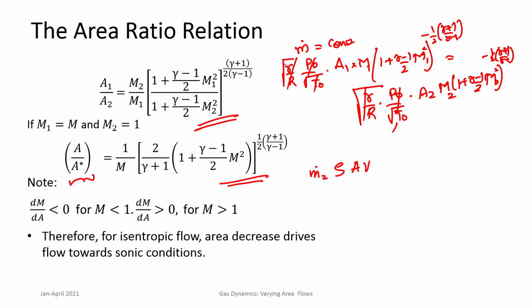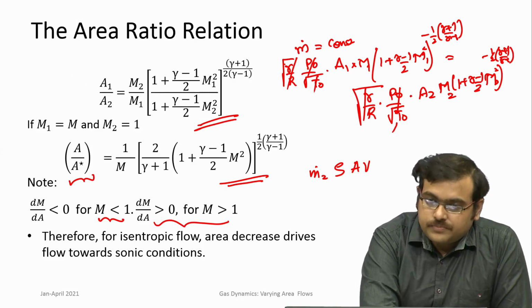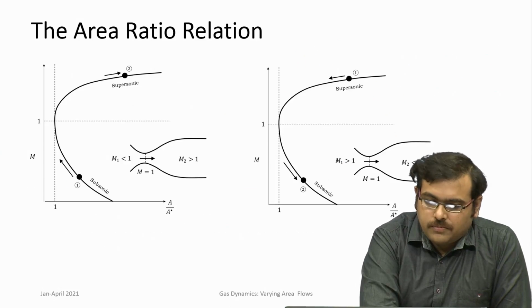So dM by dA is always less than 0 for subsonic flows, Mach number less than 1, and dM by dA is always greater than 0 for Mach numbers greater than 1. Okay. This is what is known. If you can differentiate, but an easier way is to just plot it.